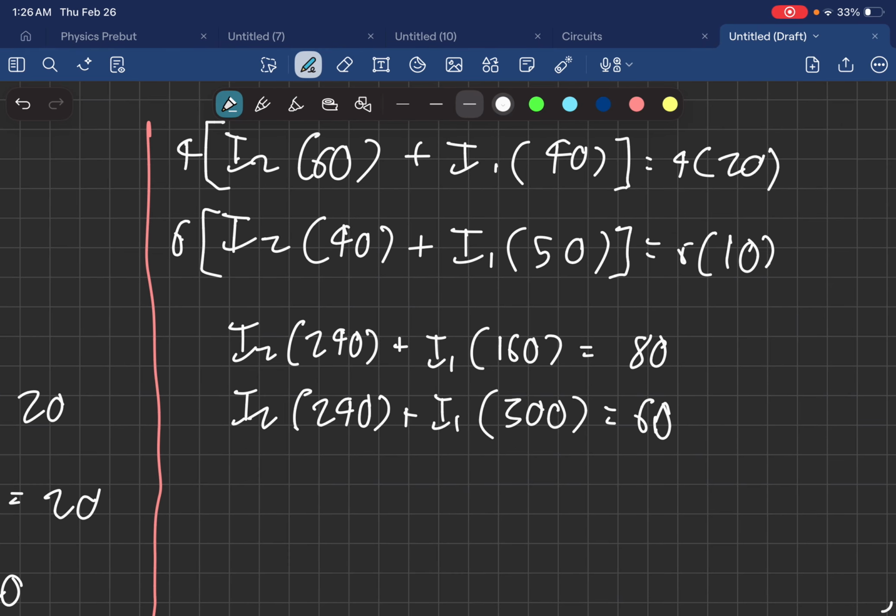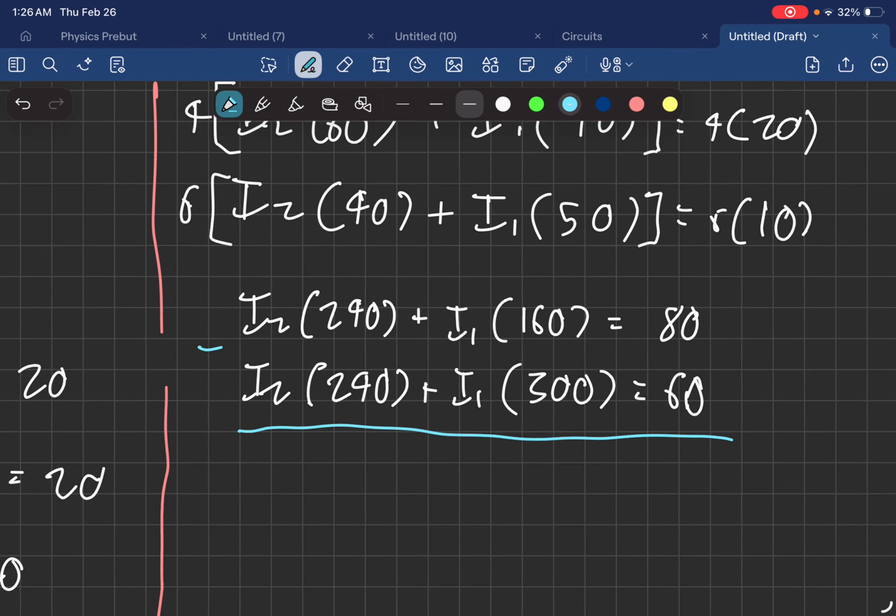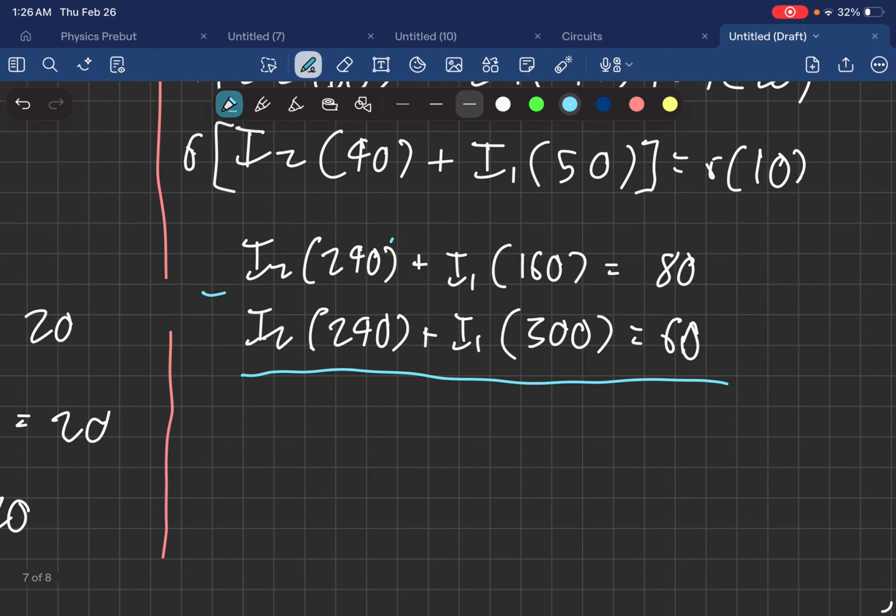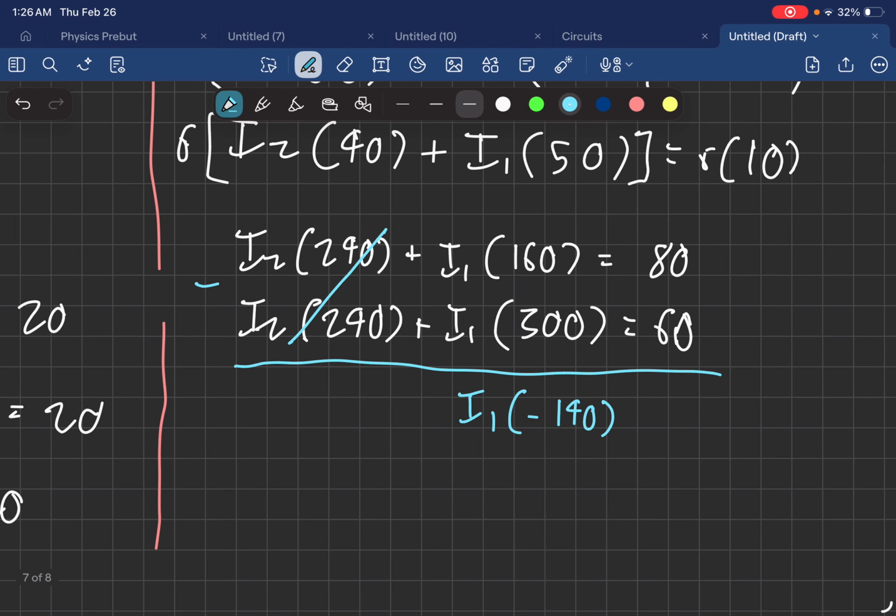Then we do our subtraction here. I keep using this color. Let me use blue. Let's subtract. So these cancel out. Now we have 160 minus 300, that is I1 negative 140, and 80 minus 60, so 20.